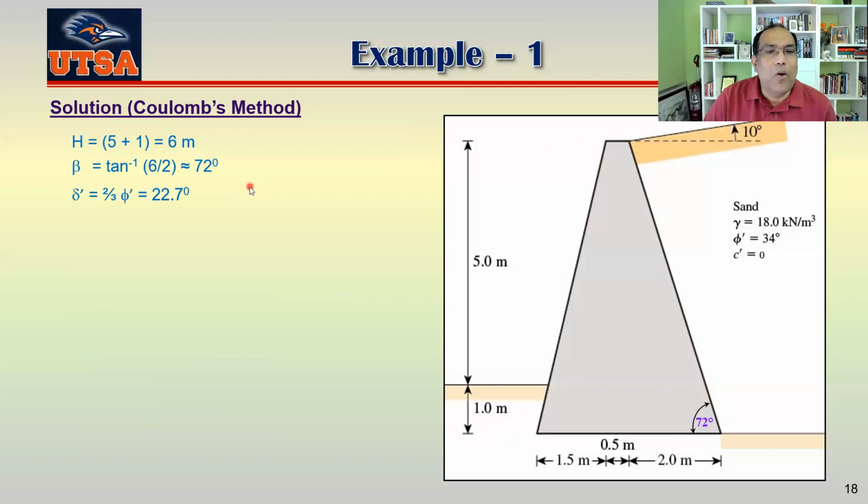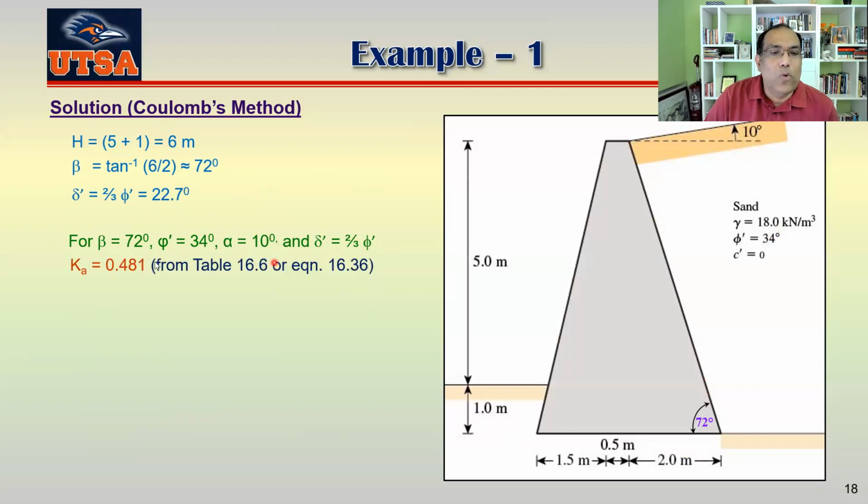Now your delta prime is 2/3 of phi prime. So if it is 2/3 of 34, that's 22.7. Now you can see from the table, I can find for beta 72, phi equal to 34, alpha equal to 10 degrees, and delta prime is 2/3 of phi.